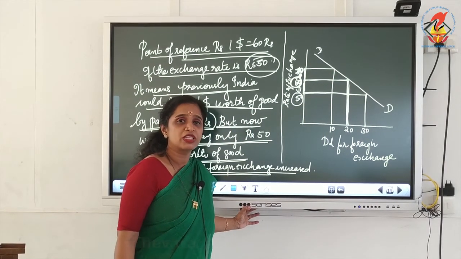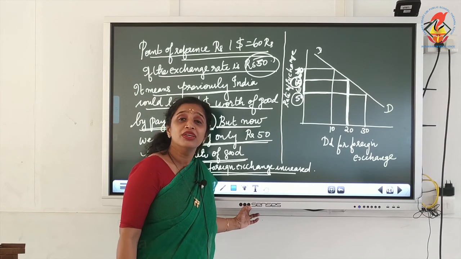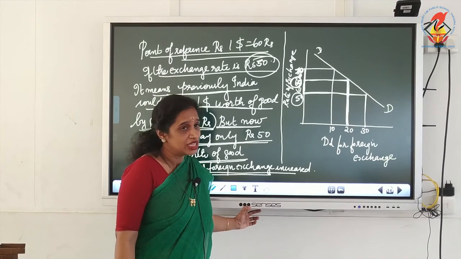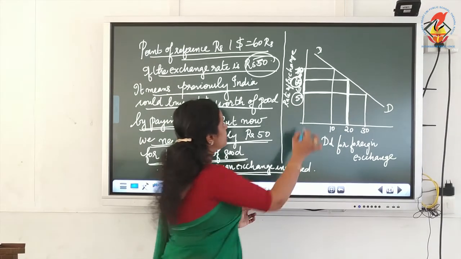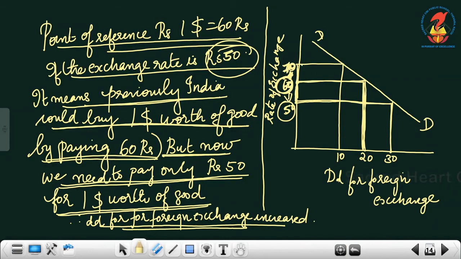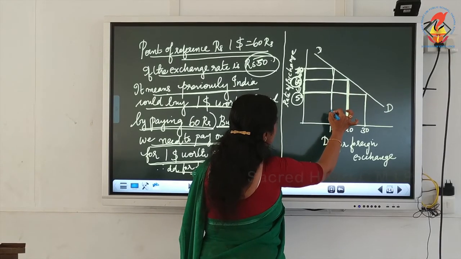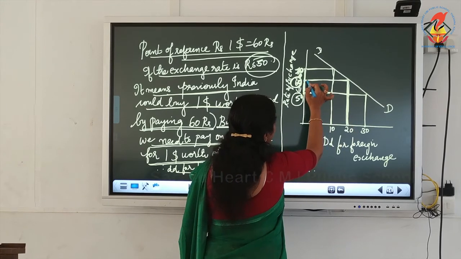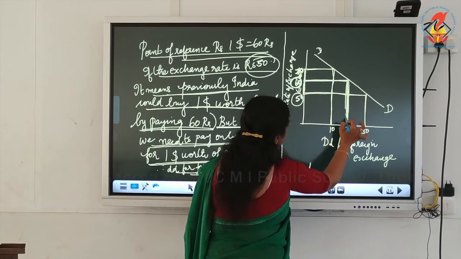So import has become costlier for India. That is not appreciated by India. India is not favoring that situation, right? Therefore, what happens? As the rate of exchange has increased from 60 to 70, what happened to the demand for foreign exchange? Demand for foreign exchange has also decreased to 10. So when the rate of exchange is 60, demand is 20.